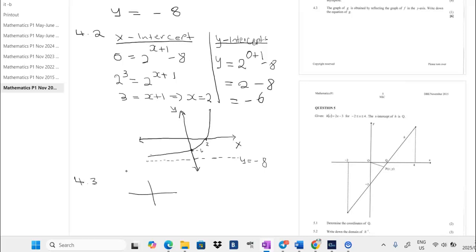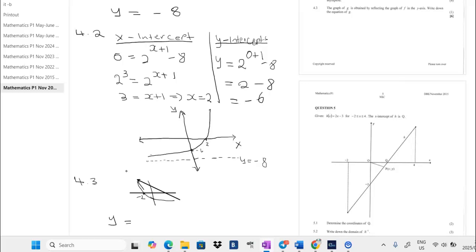Let's say you have a graph like this. It is reflected in the y-axis, which means the y-intercept remains the same, but then you have a reflection here. Here is going to be -2.